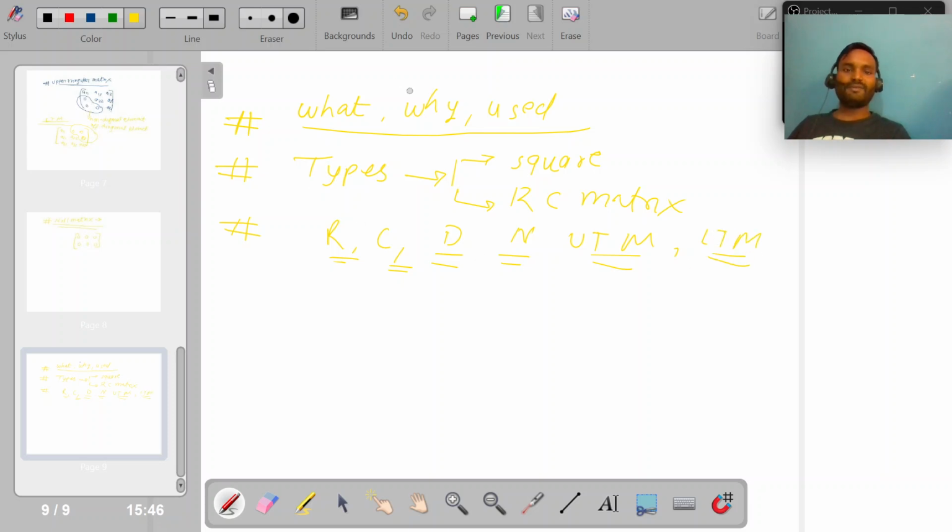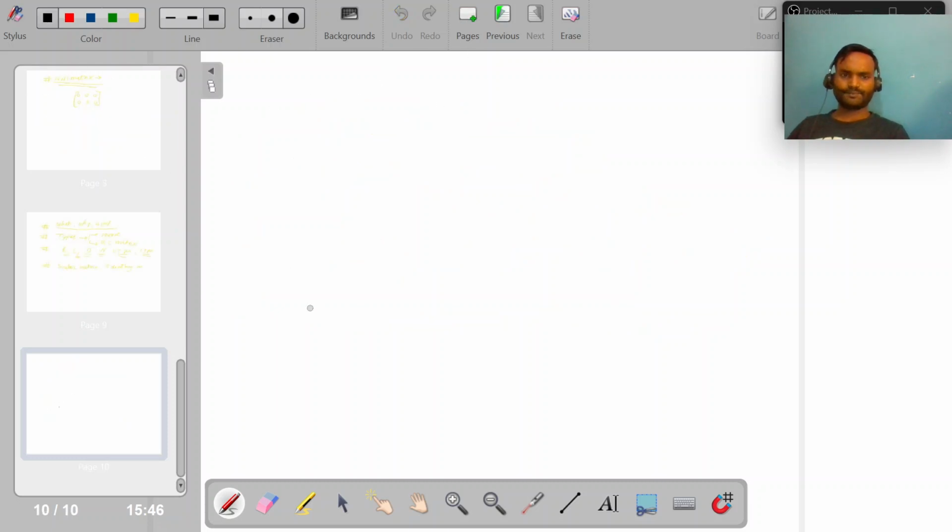Now we will further study a few more matrices: the scalar matrix and the identity matrix. Here we will study some more concepts.